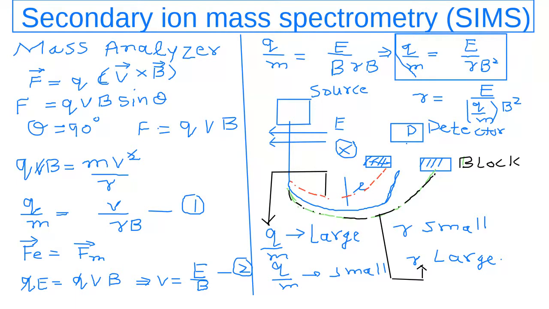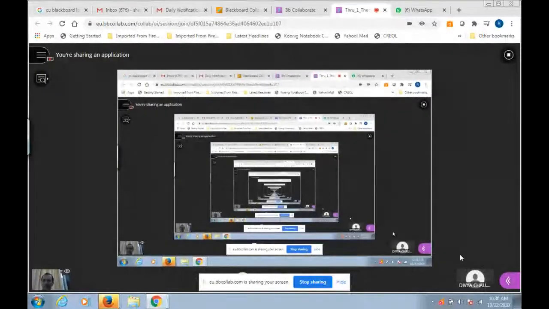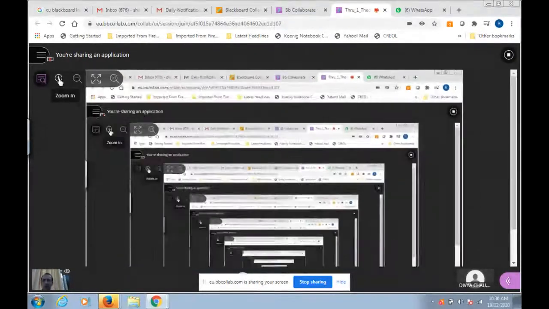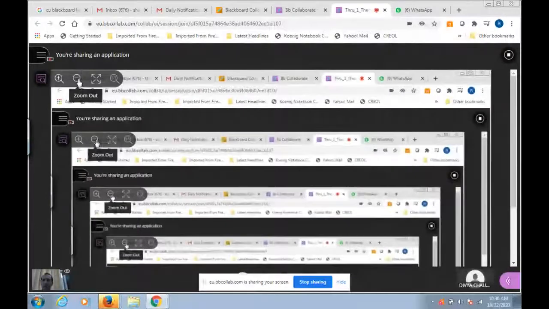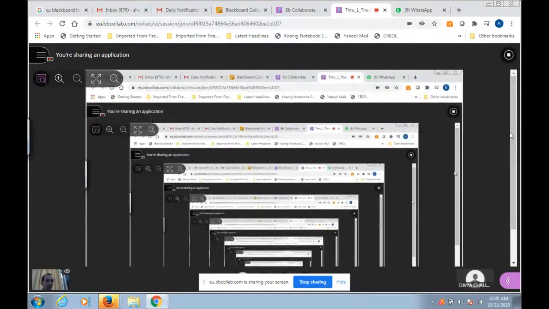Let me go to share screen. I'm sharing screen right now. What I would like to show you is that you can go to the top left view controls. If you have any text which is written smaller, you can zoom in, make it bigger, and then you can scroll it down from here.